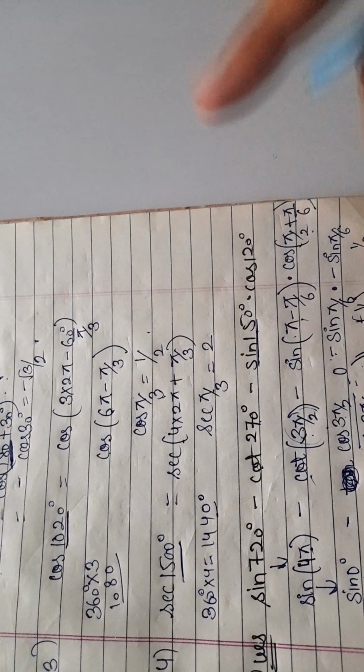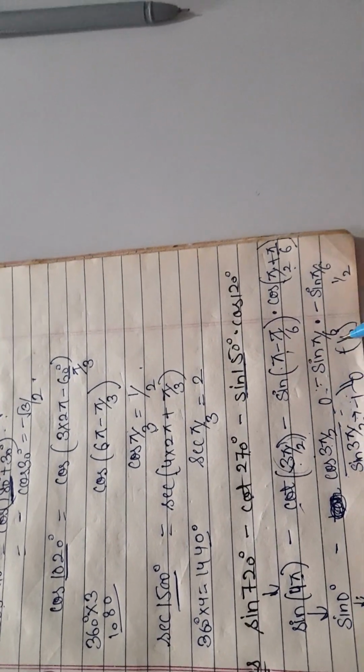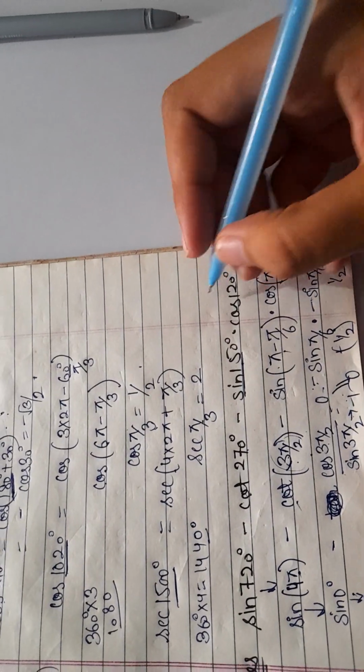Just solve: 0, 0, minus 1 by 2, minus 1 by 2, we get 1 by 4.